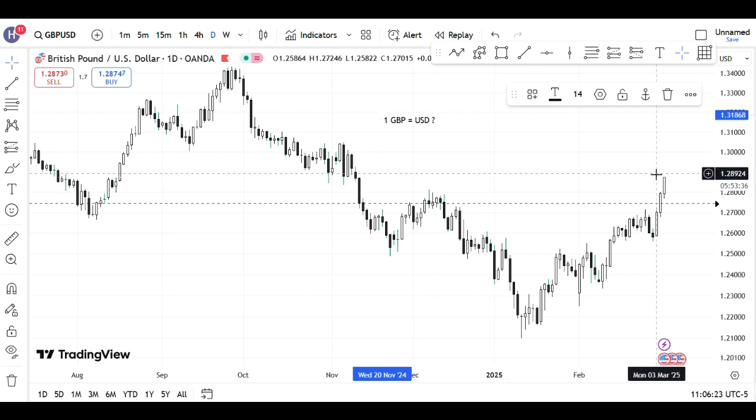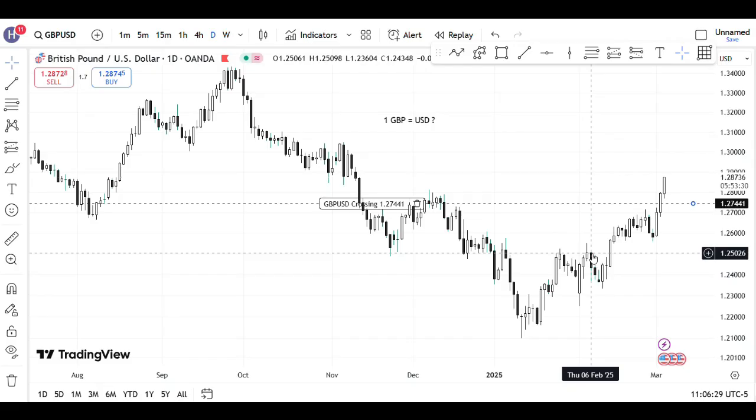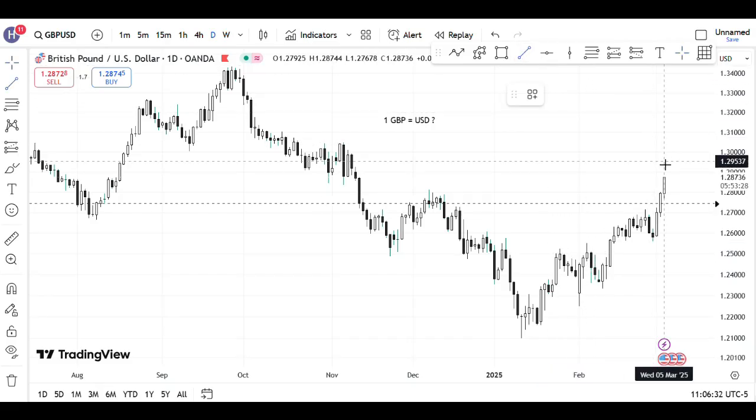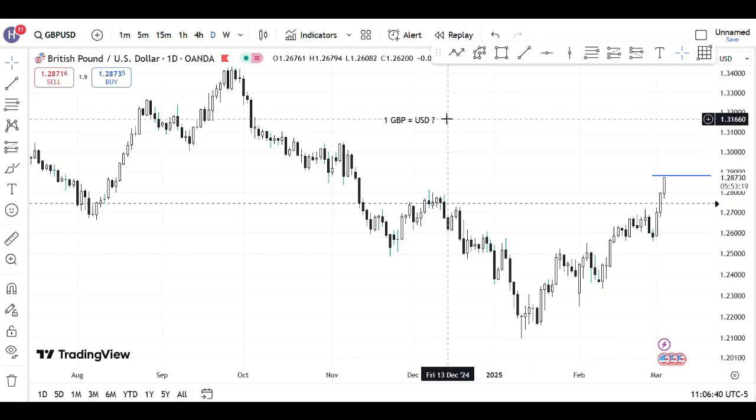There is a price line I previously gave for notification. I will delete it. Now I will mark the price here. The price is now 1.28, so I will type USD 1.28.